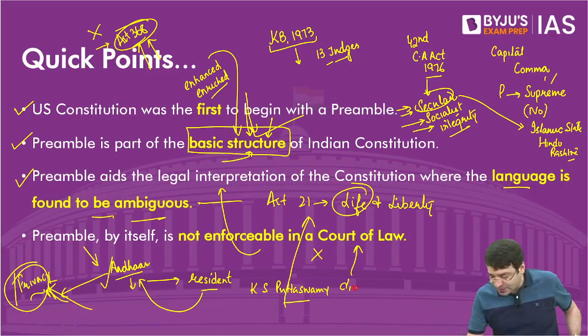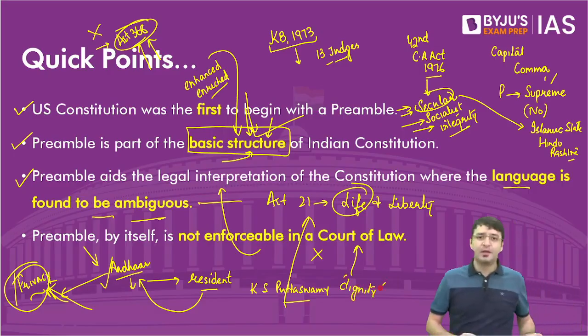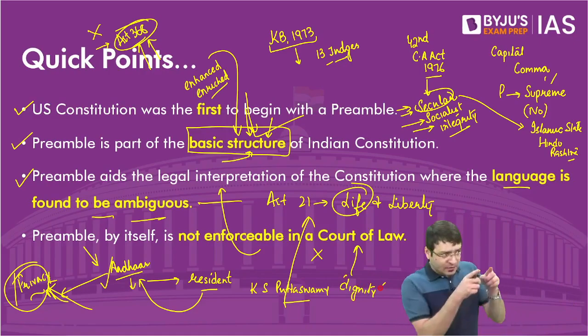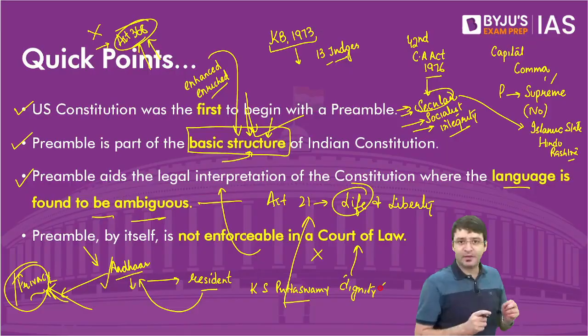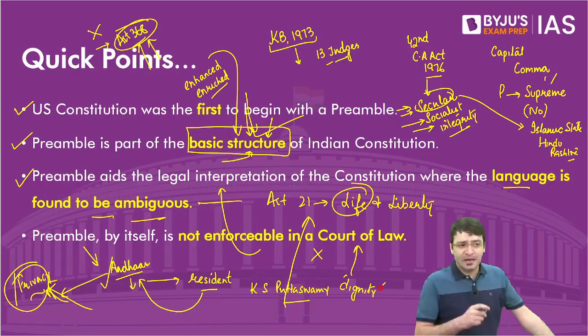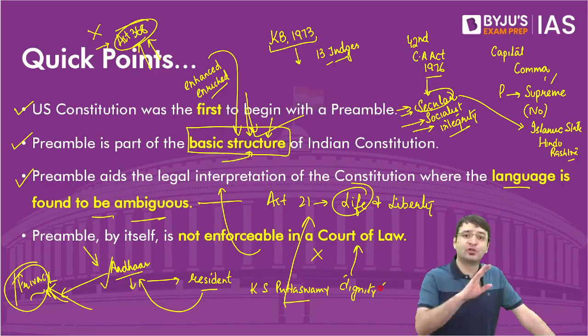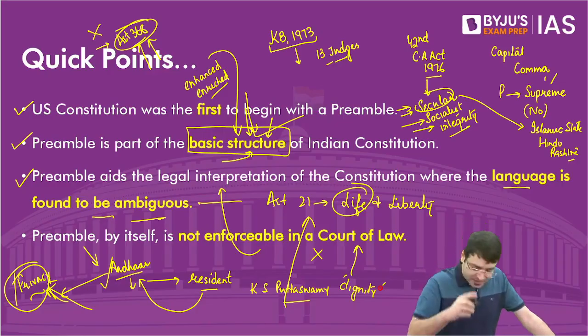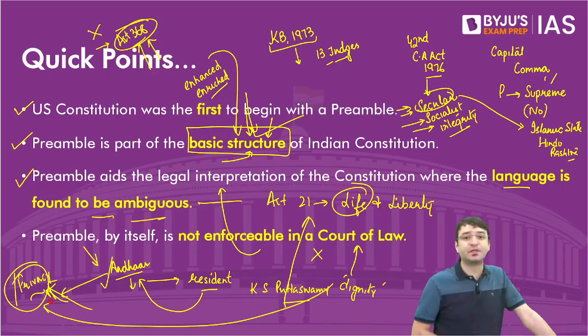One such objective is dignity of an individual. The Supreme Court said, we will look at the preamble. In the preamble, it is mentioned as one of the objectives of the Constitution as dignity. Dignity of an individual is not possible unless and until we give them privacy.